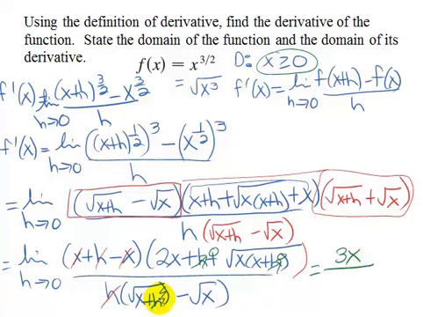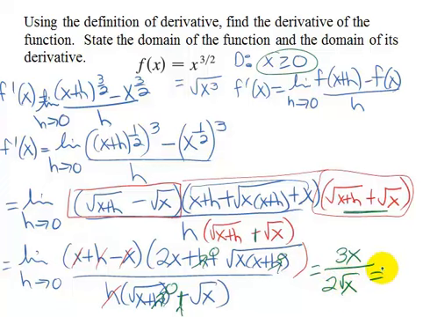Looking at the denominator, this h is going to go to 0, so we have, and I messed this sign up. This negative should be a positive because we needed to do the same thing to the bottom we did to the top. Use the conjugate. So this should have been a plus. So we have the square root of x plus the square root of x, so that's 2 square roots of x. Now we can simplify that.